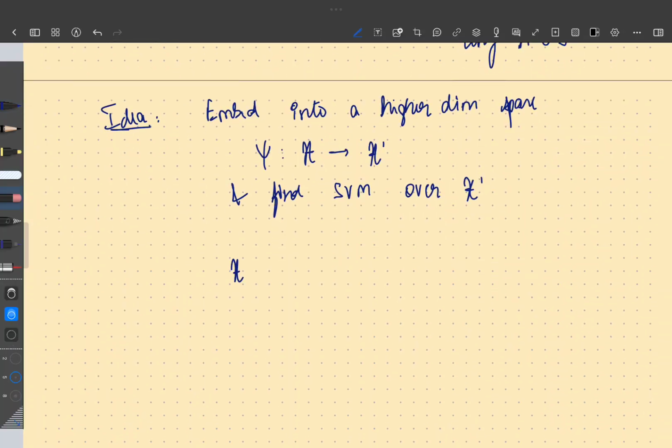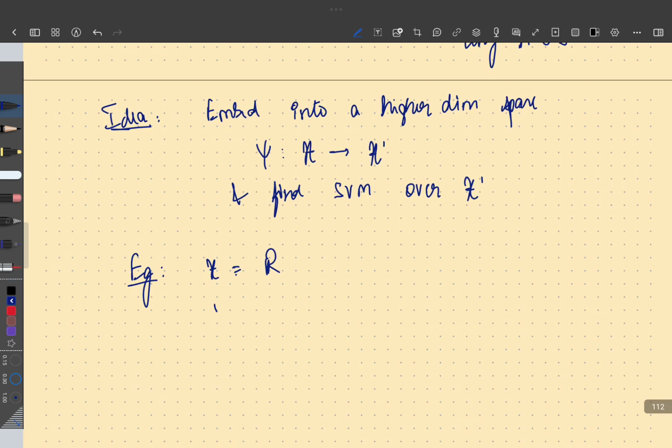so let's take an even simpler example perhaps, where X is equal to R and Y takes the form indicator of norm X greater than or equal to alpha.